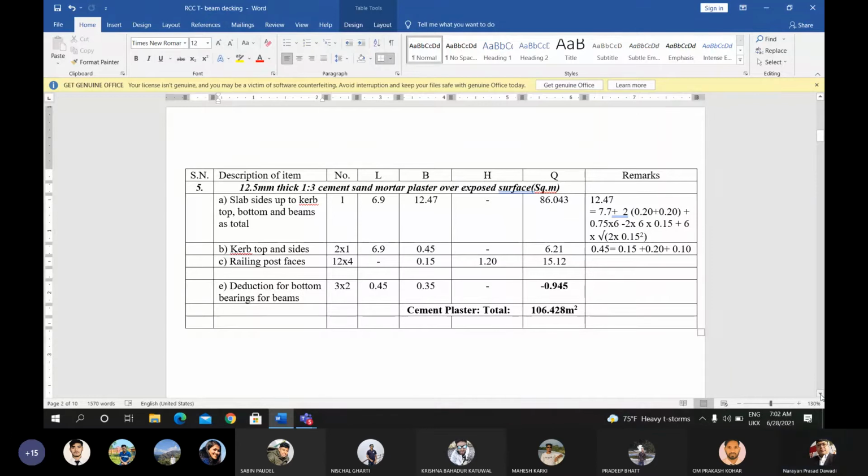Okay, the railing post face width is 0.15 and height is 1.20. You can get the value of 15.12 square meter. Now deduction for bottom bearing for the beam.